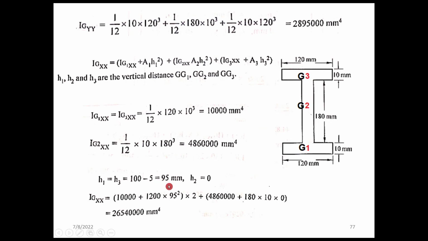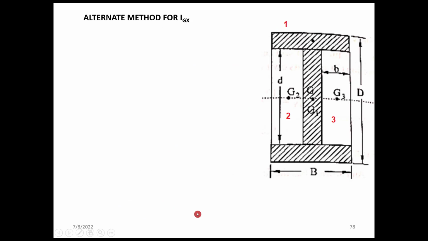So 100 minus 5, 95. Even if the sign changes, I told previously that a square term is coming, so the sign doesn't matter for the h value. H2 is 0 because the centroid axis of this area 2 is the centroid axis of the entire cross section. So there is no need to use the parallel axis theorem for the second figure. Substituting the values, we get the final moment of inertia.